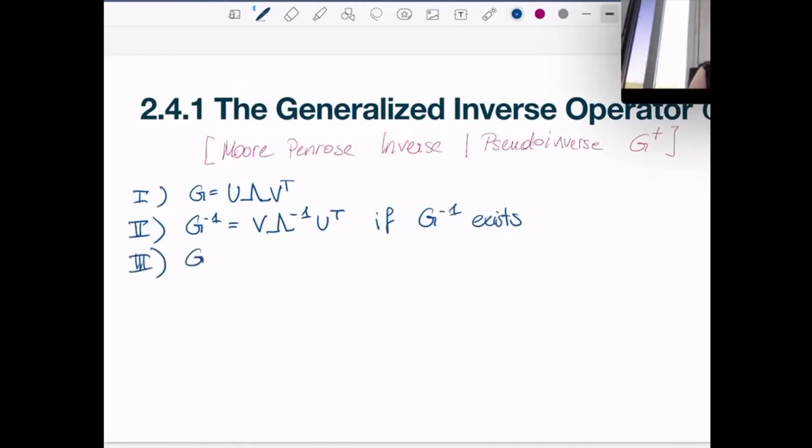And now we also have that we can decompose G to Up lambda p Vp transpose, so singular value decomposition, where p again equals the number of non-zero eigenvalues.